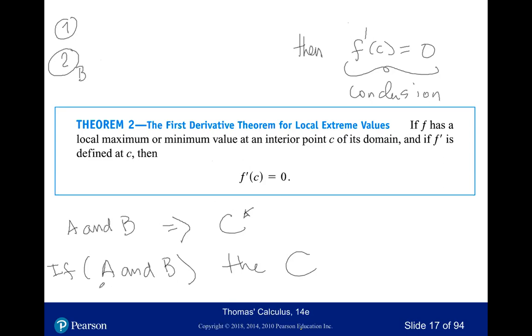Okay, so look, I have A and B, right? Look at the structure. If F has a local maximum or minimum value at an interior point C of its domain, and then you have and F prime is defined at C, not F, F prime.